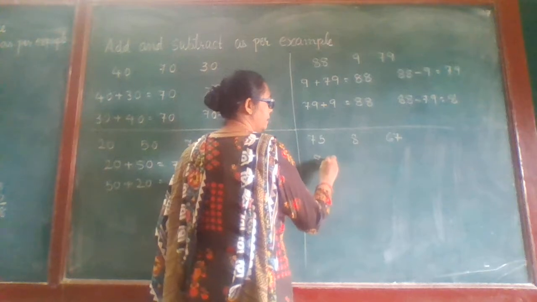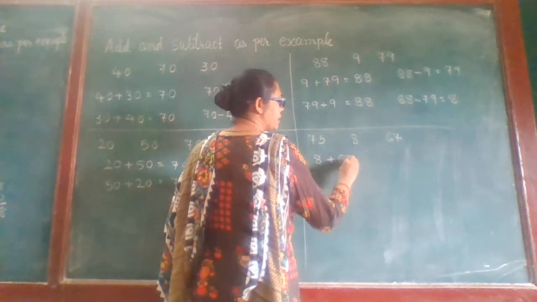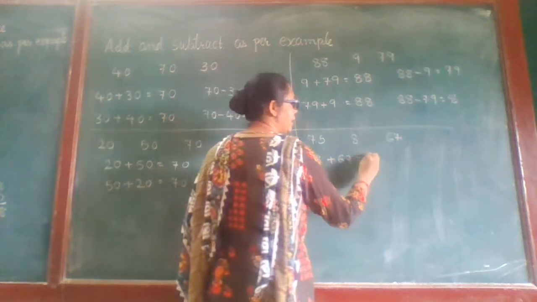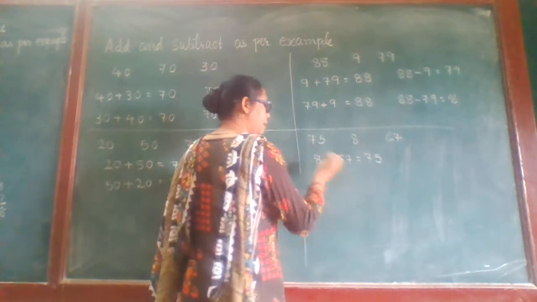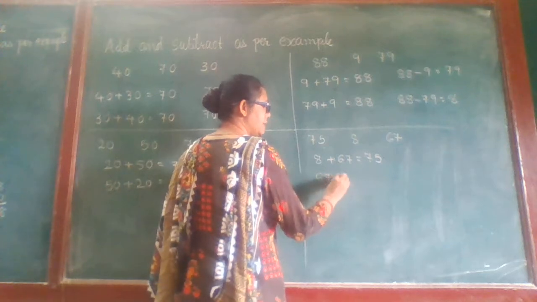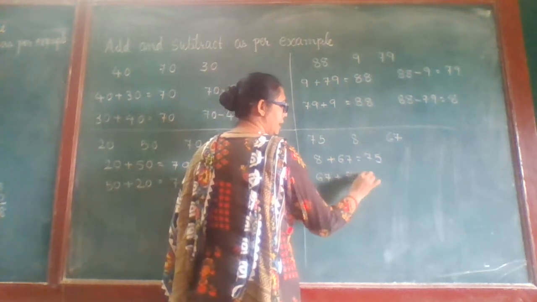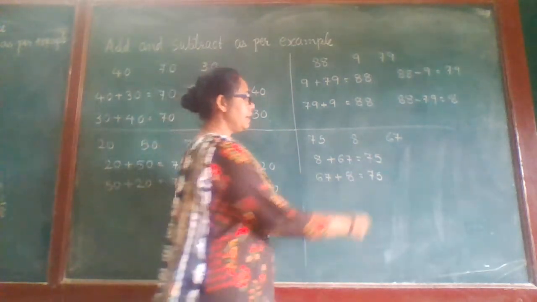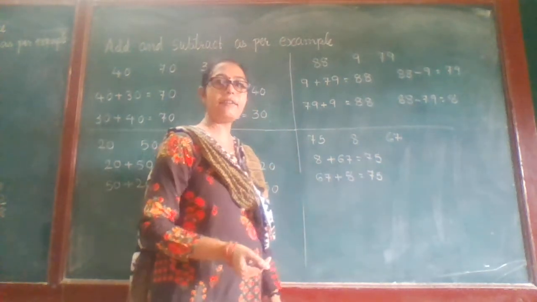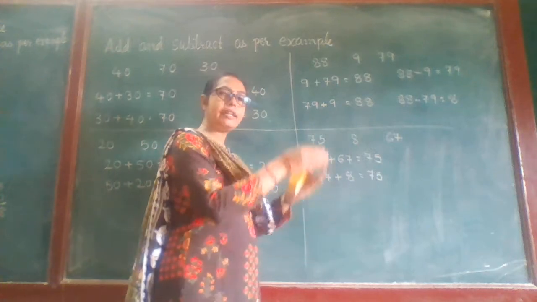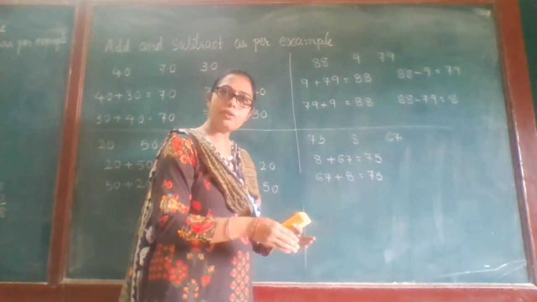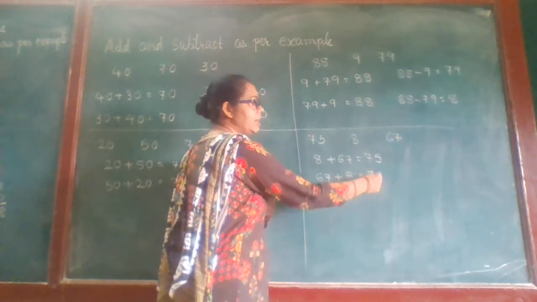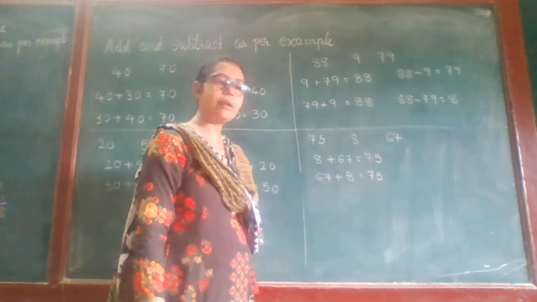So 8 plus 67, what do we get? 8 plus 67 we get 75. Change the order. 67 plus 8, the answer remains the same. Now in 75, what is there? In 75, 8 is there and 67 is also there, because when we add these two numbers, we get 75.